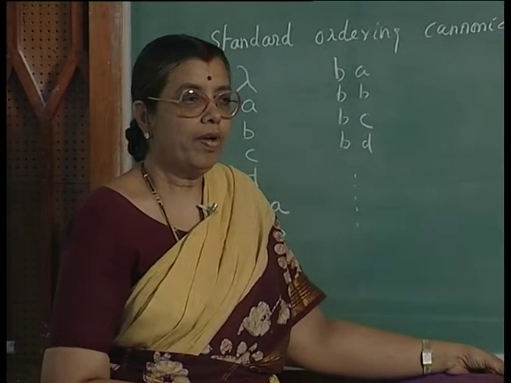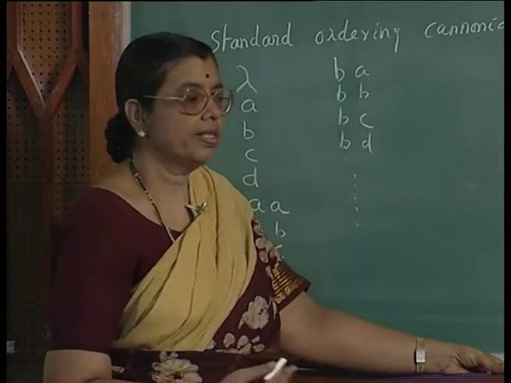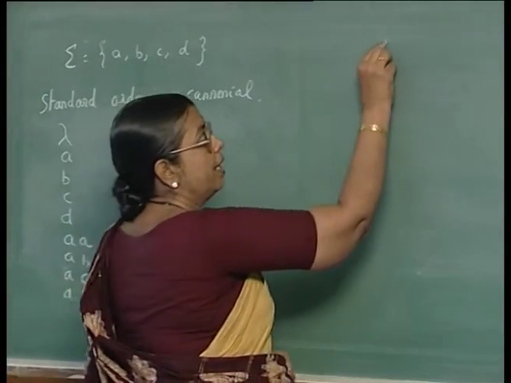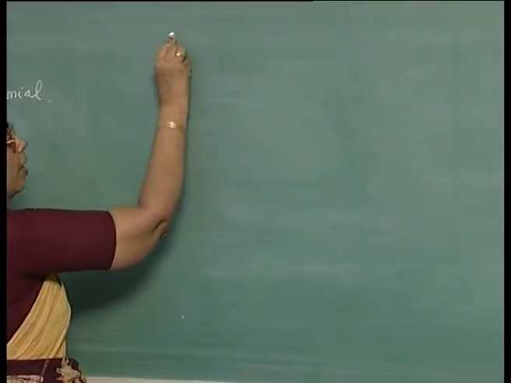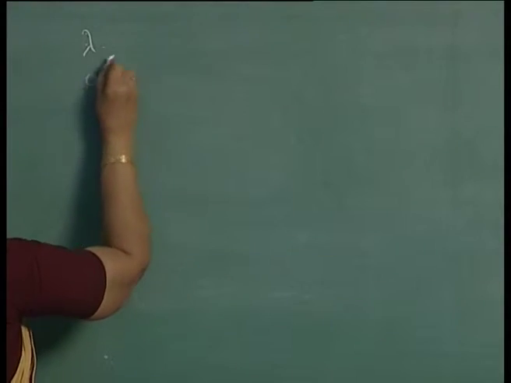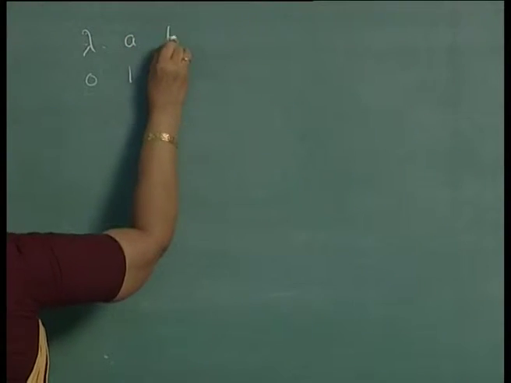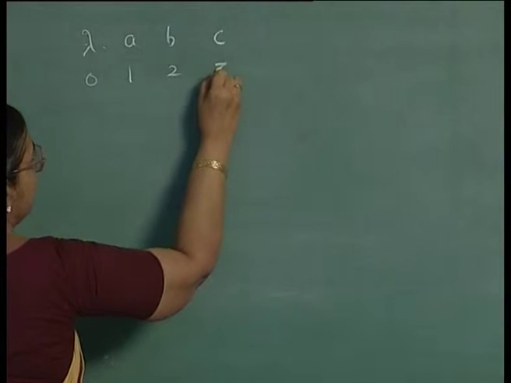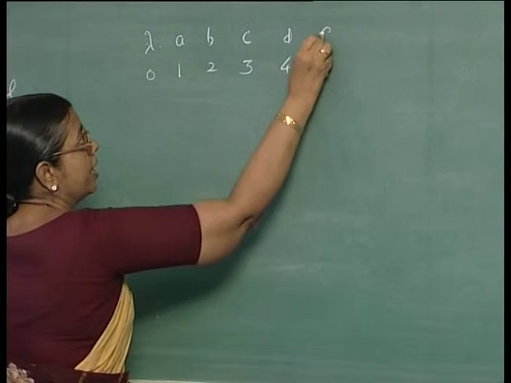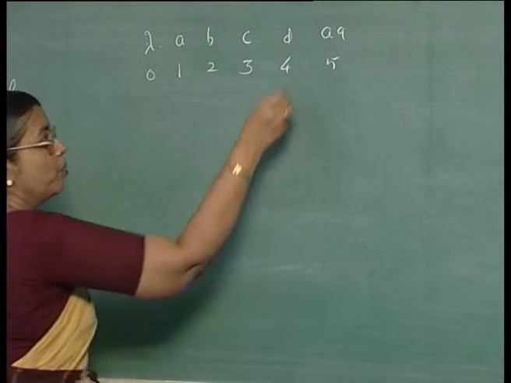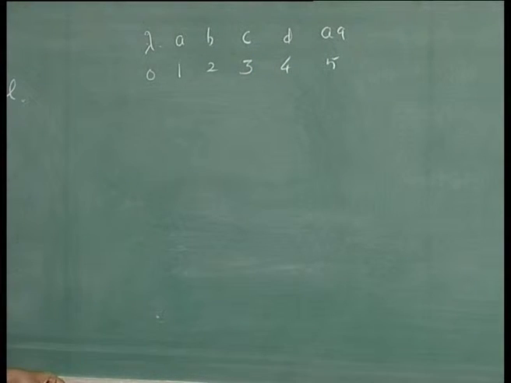Now, lambda is the 0th string, A is the first string, B is the second string, C is the third string, D is the fourth string, AA is the 5th string. Like that, you can put them into one-to-one correspondence with the set of non-negative integers.